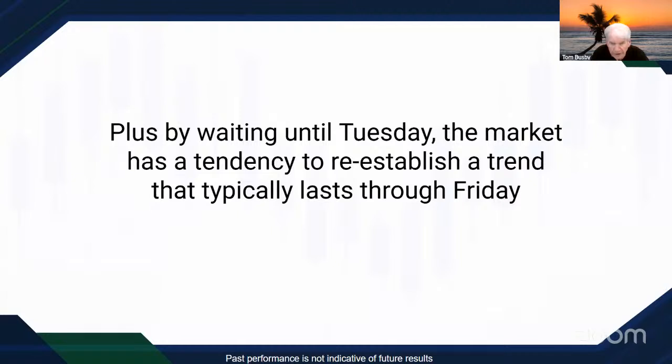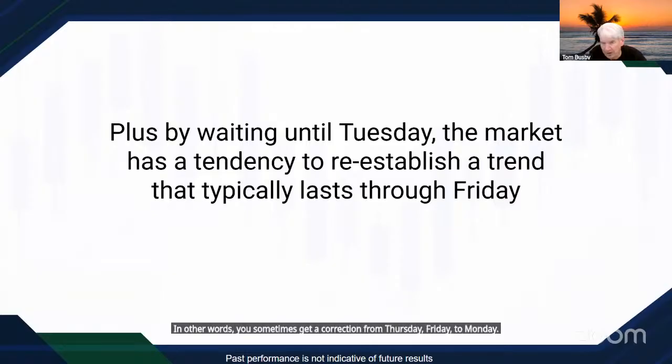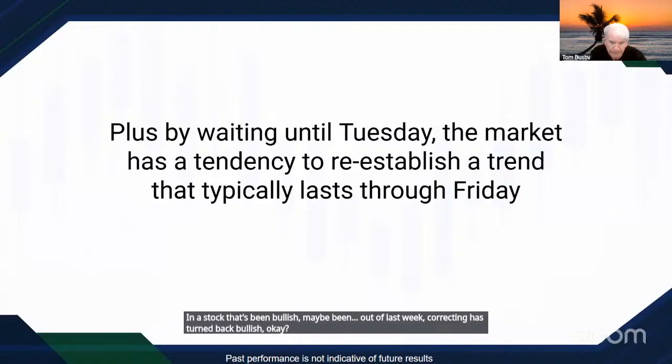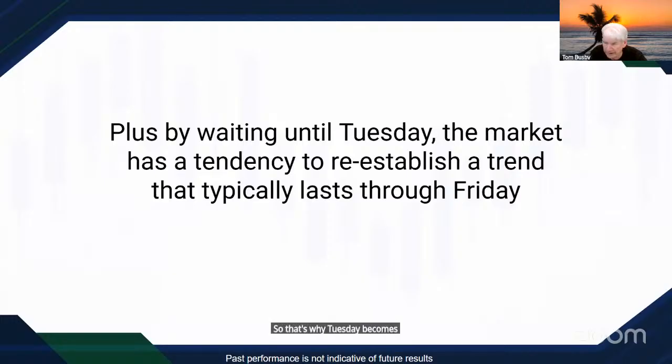By waiting until Tuesday, the market has a tendency to reestablish a trend that typically lasts through Friday. In other words, you sometimes get a correction from Thursday, Friday to Monday, and a stock that's been bullish, maybe been out of last week, corrected, and has turned back bullish, okay? And so that's why Tuesday becomes important for a trade day.